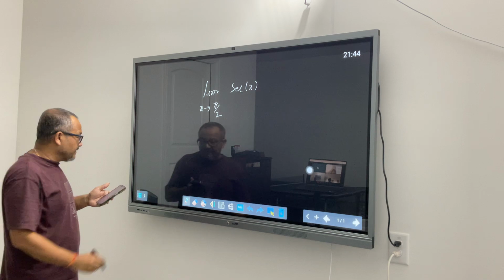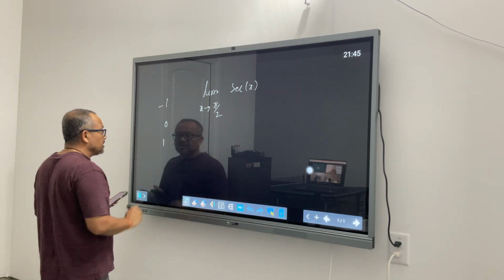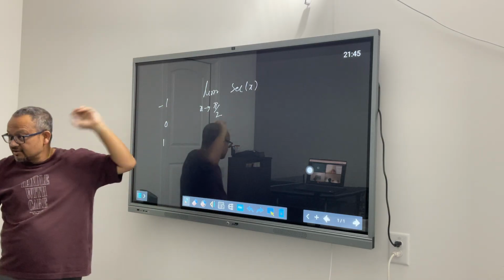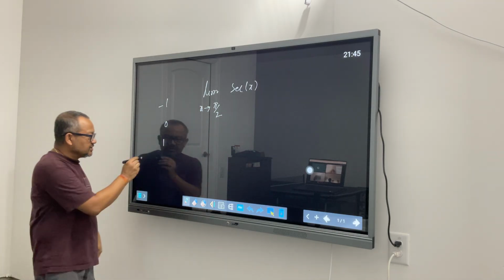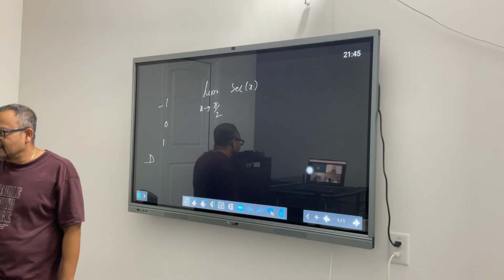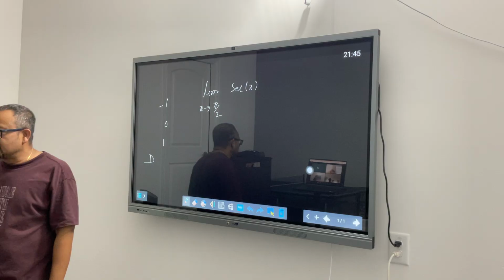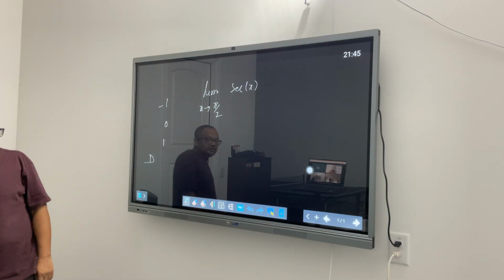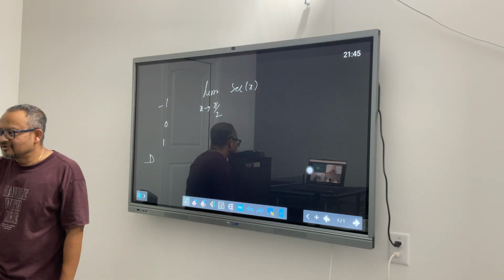The options are minus 1, 0, 1 and does not exist. There is no denominator here, still it's giving us option D, which says does not exist. Let's see how you recall your expertise with trigonometric identities or trig ratios. I would say this is also a 30-second or maybe 20-second question.